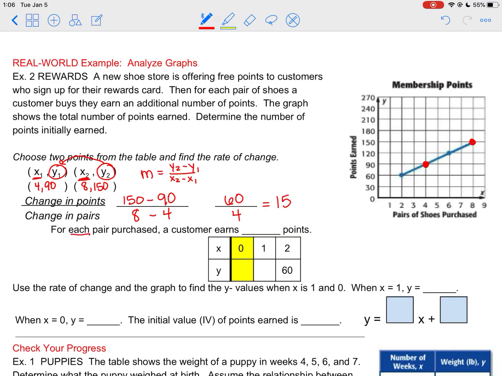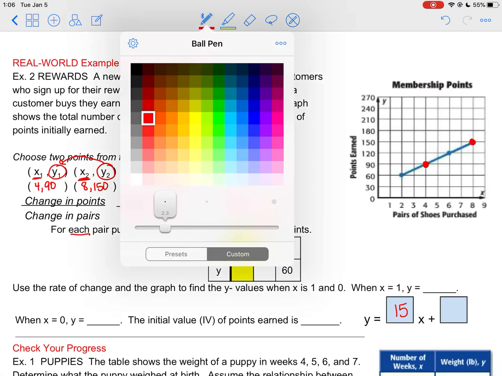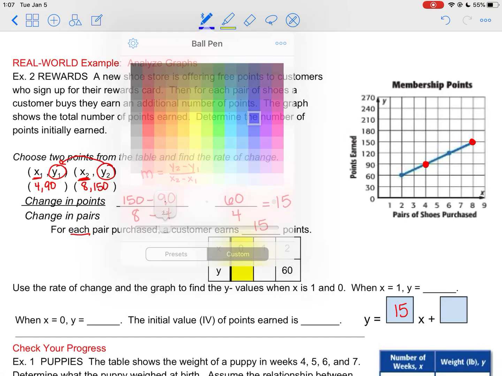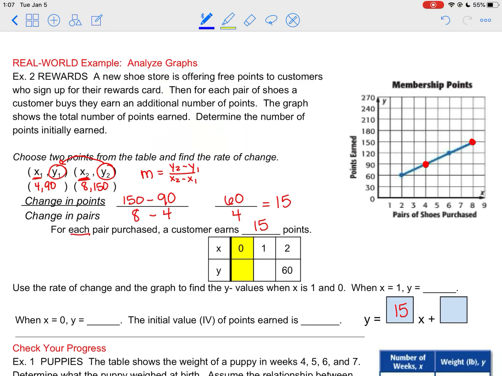So that means that for each pair purchased, a customer earns 15 points. So now that's my rate of change. If I think about where that goes in the equation, that's going to be the number that goes in front of the variable. Next, we need to find that initial value.